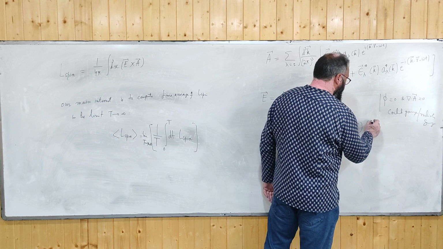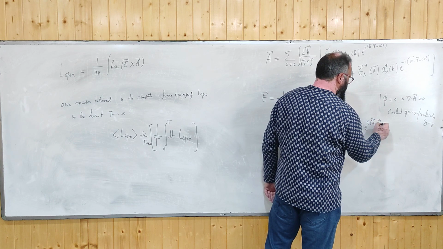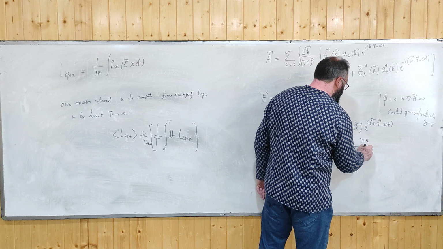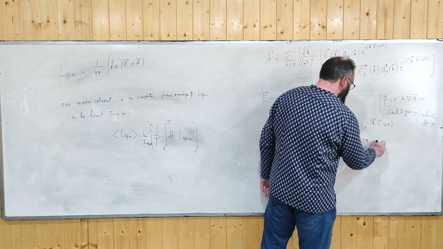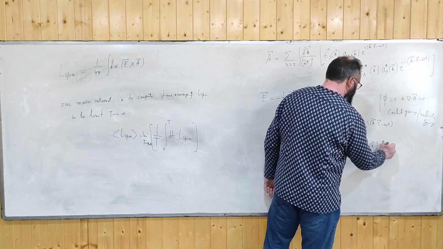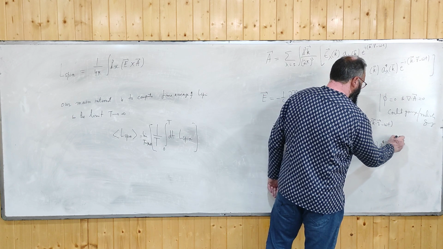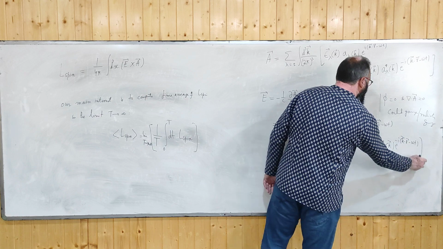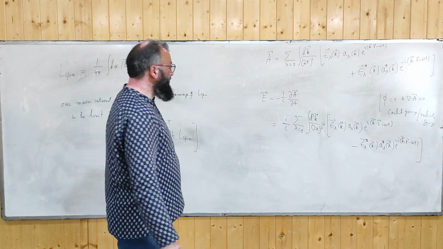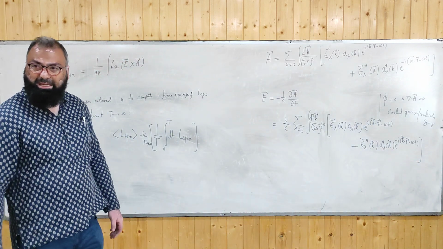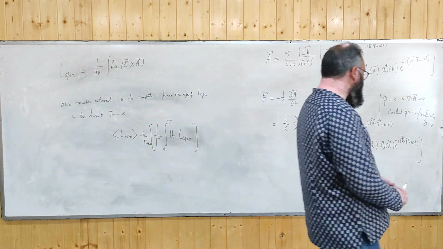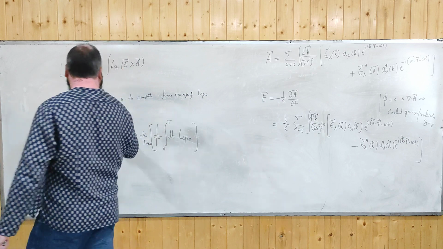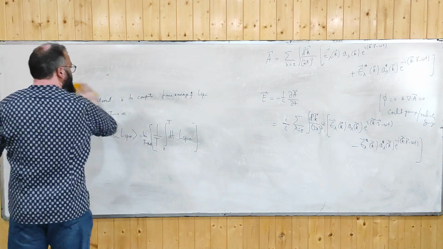So e raised to i(k dot r minus omega t) minus epsilon star lambda k, a star lambda k, e raised to minus i(k dot r minus omega t). So this is E. Now let's calculate this E cross A, this very objective, then we will take the average.